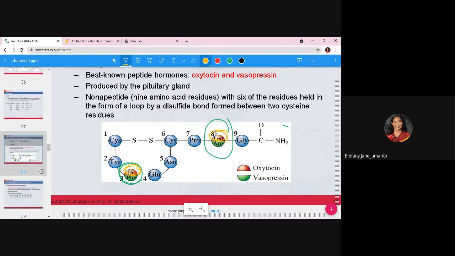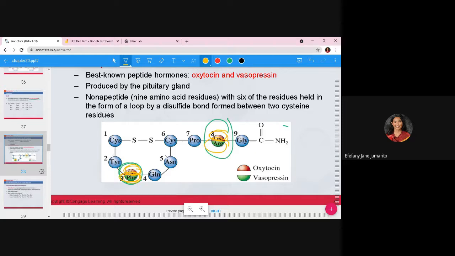Now, however, if we have a vasopressin, the amino acid in position 3 is phenylalanine. And then the amino acid in position 8 is arginine.